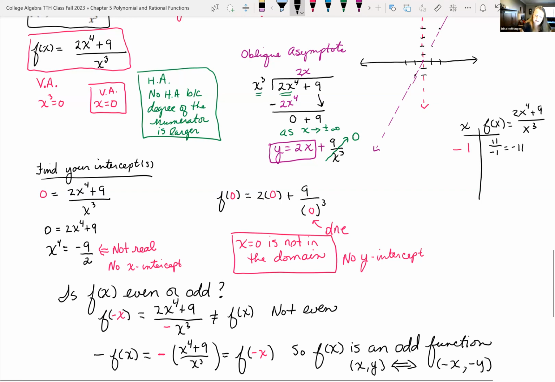So when x is negative 1, I have negative 11.